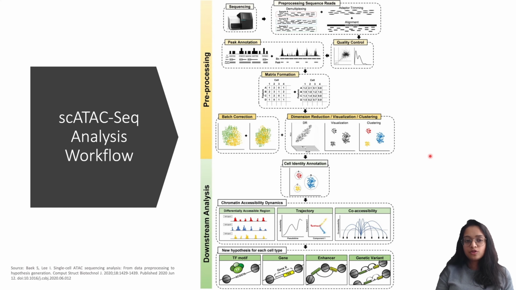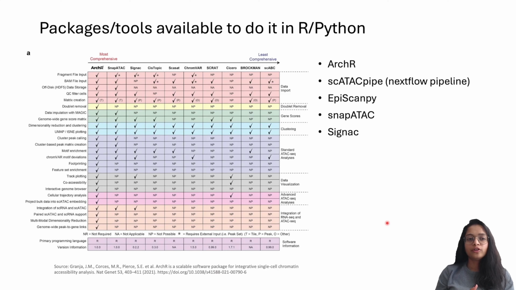However, in today's demonstration, we are going to focus on the pre-processing aspect of this workflow, where we are going to use the cell by feature matrix and perform a bunch of steps until we perform clustering. There are a lot of packages and tools available to process single cell ATAC-Seq data in R and Python.